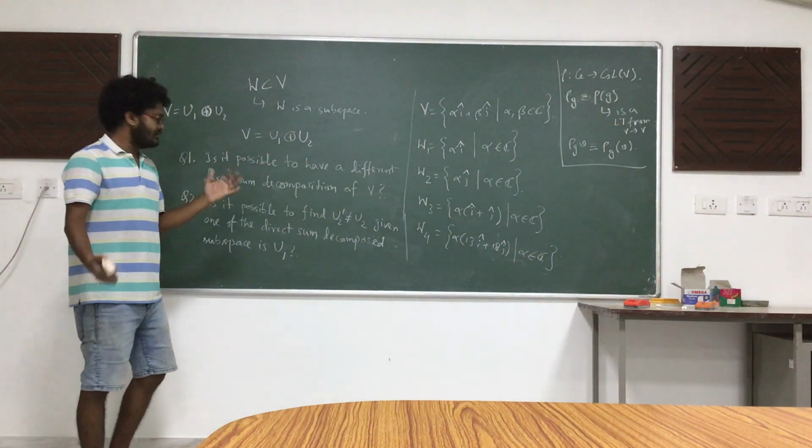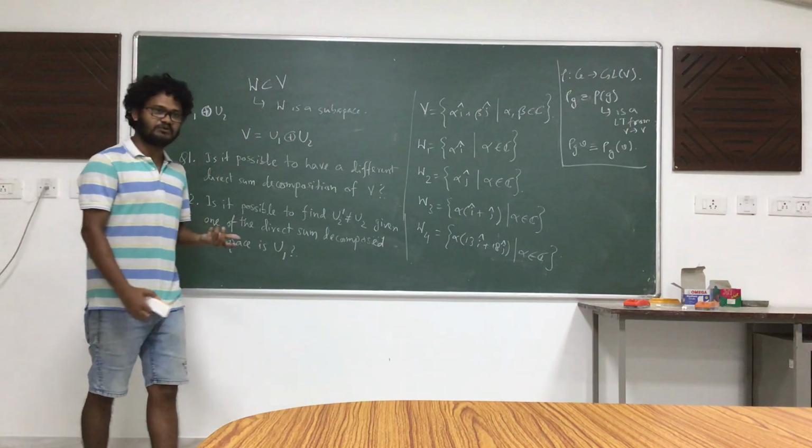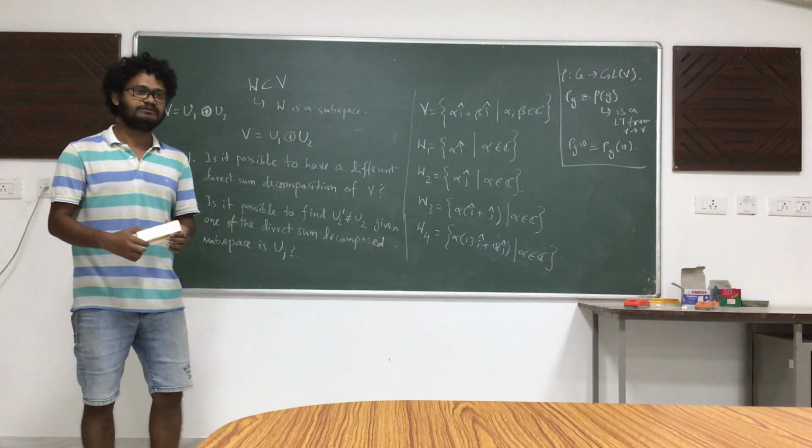Can there be any other different direct sum decomposition other than U1, U2?